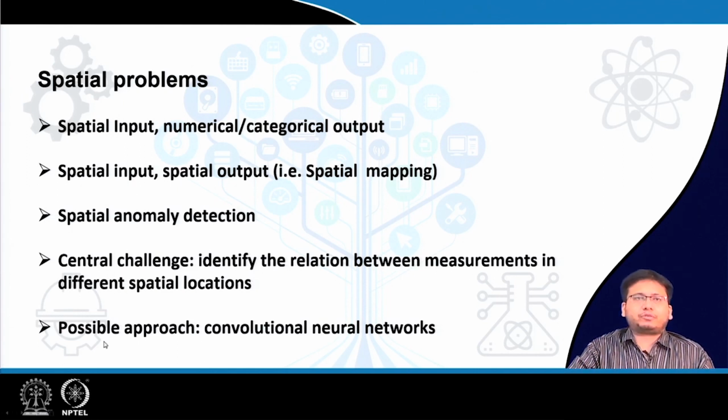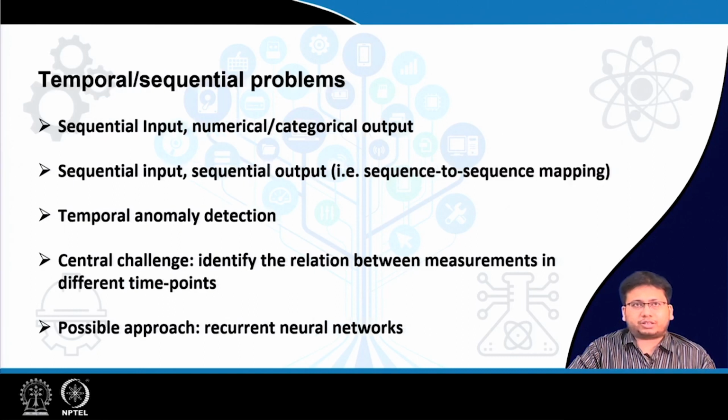So, one approach of doing this is the convolutional neural network, which we will discuss in more detail in the next lecture. They are actually capable of quantifying or representing the interaction between different spatial locations.